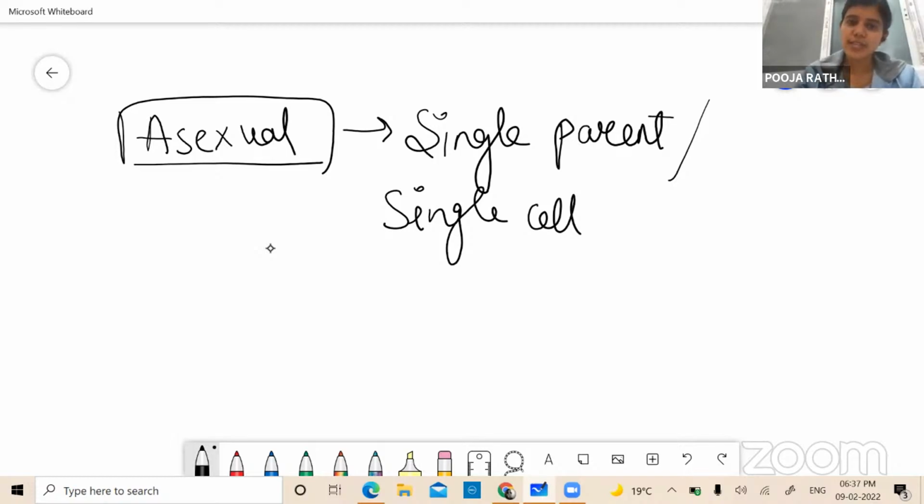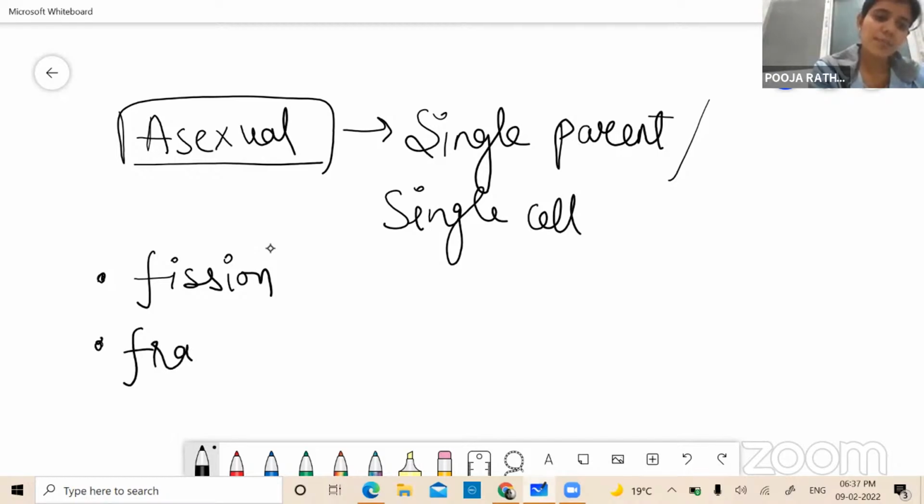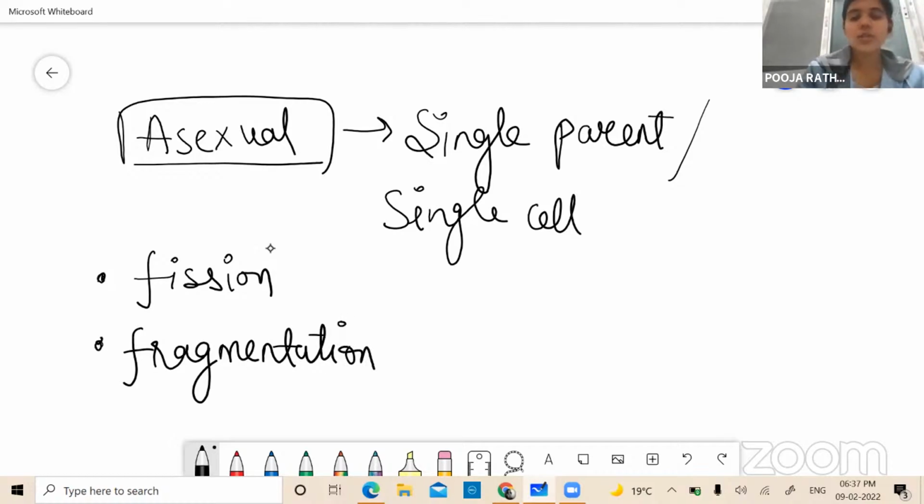The different types of asexual reproduction are: first, fission; second, fragmentation. We will learn all of them in detail. First, we are listing them.